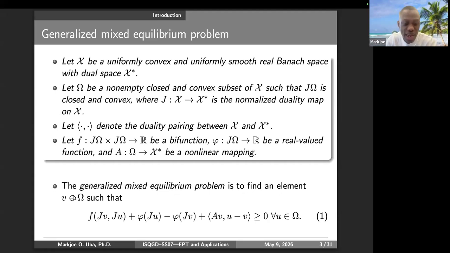So we want to find an element V from this convex set such that equation 1 is true. This is a very famous equation because it combines variational inequality, equilibrium problem, and optimization problem. So by solving this, we are touching those three problems together in one.